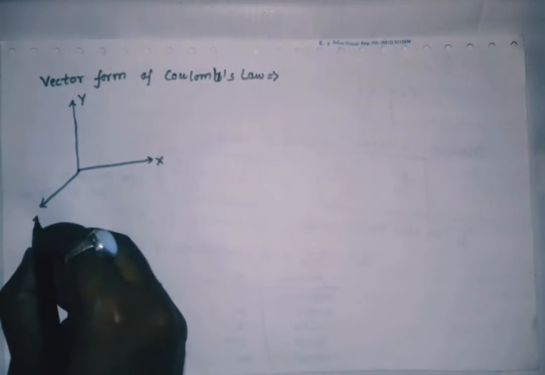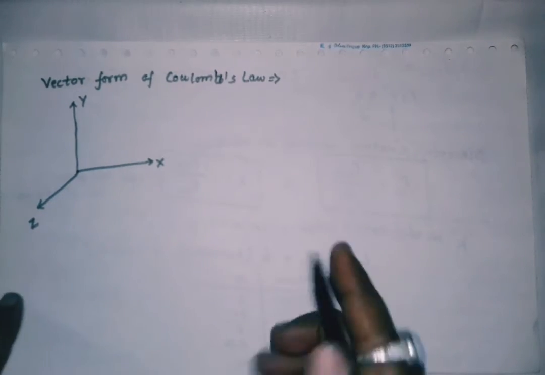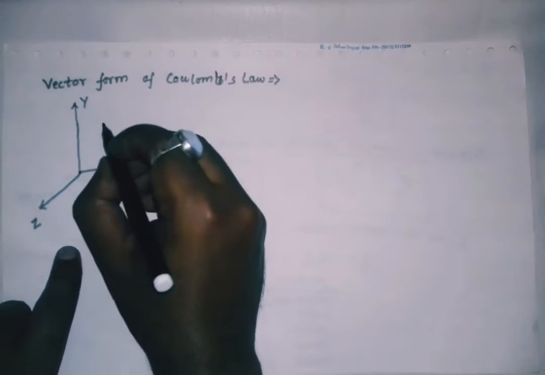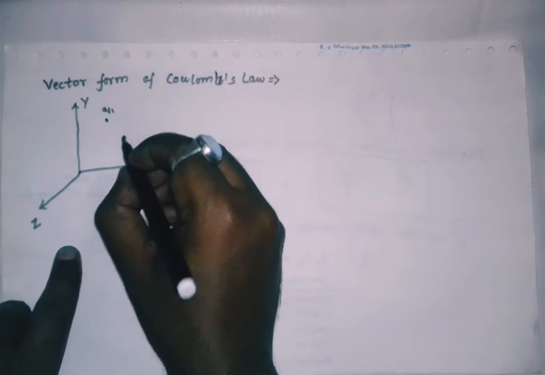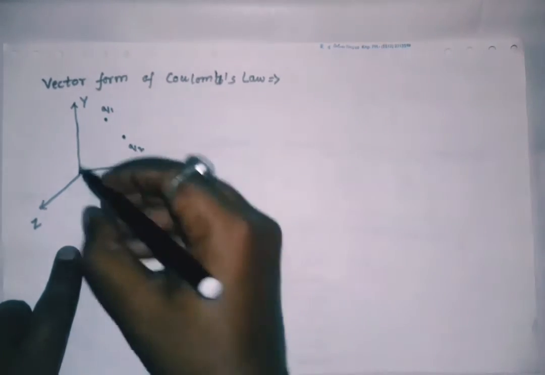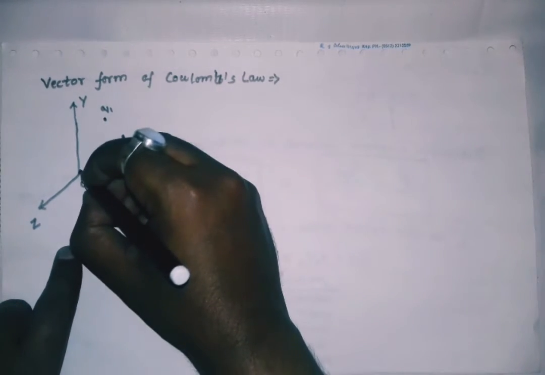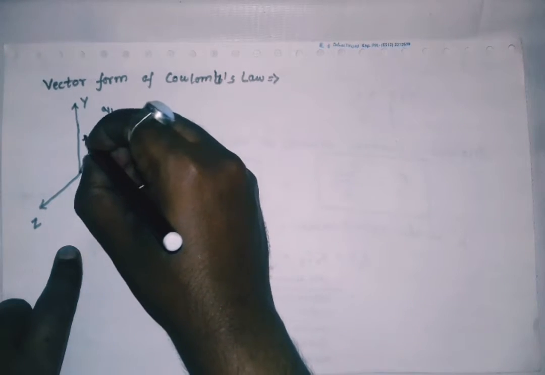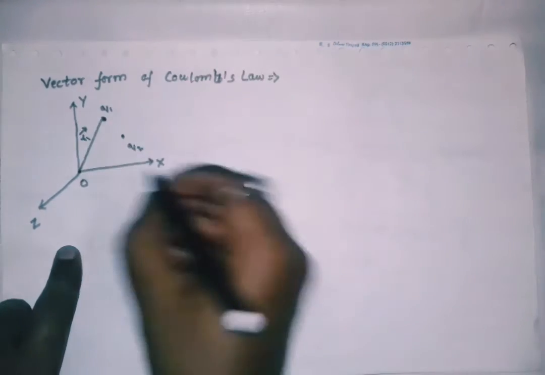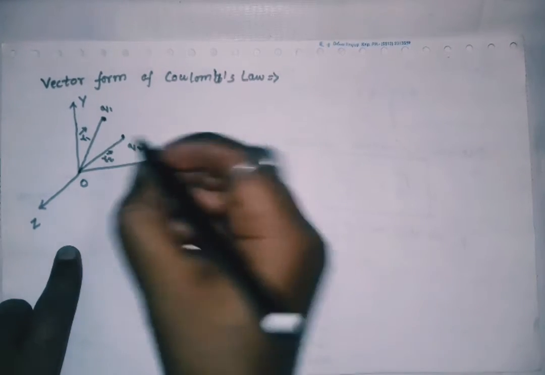This is the x axis, y axis and z axis. In this reference system, here is charge q1 and here is charge q2. Suppose the position vectors from the origin to the charge q1 is r1 and to the charge q2 is r2. These are the position vectors.